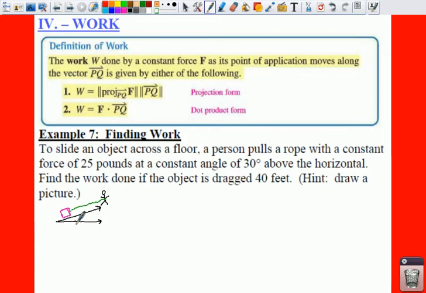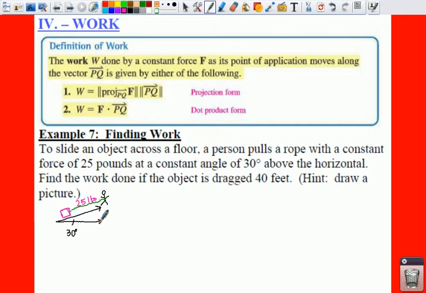You have 30 degrees down here on the bottom. We have a force of 25 pounds, which goes on here as the force. Then we need to figure out the work done if the object is dragged 40 feet.